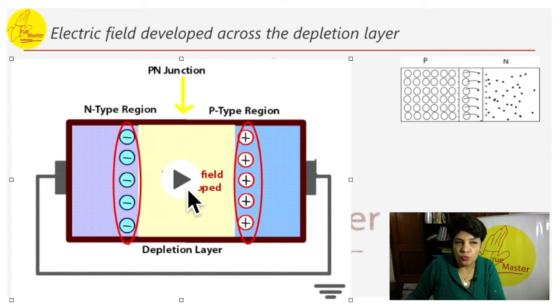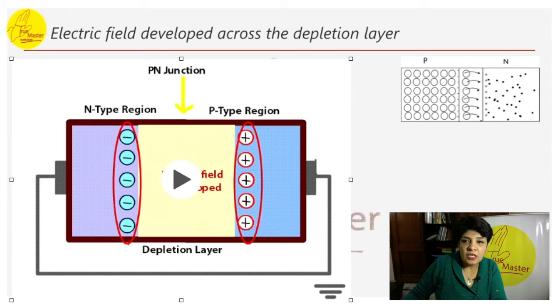Now stage 2. In stage 2, conductivity has reduced. Why has it reduced? Because this layer is making the gap so big that they cannot attract each other as neighbors. So conductivity has reduced, and diffusion is closed. Now an electric field is developed across this junction.